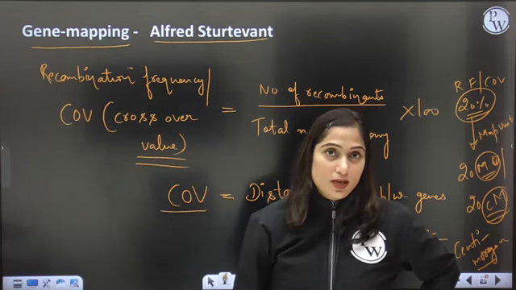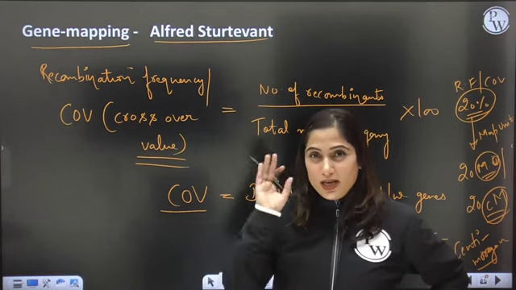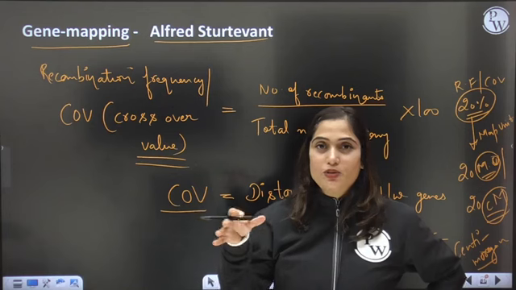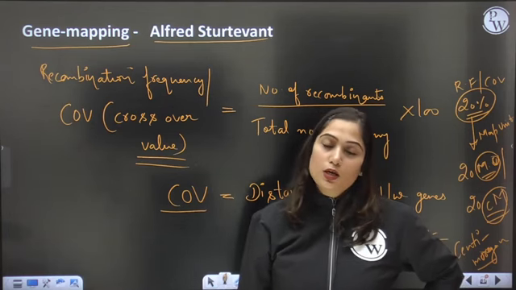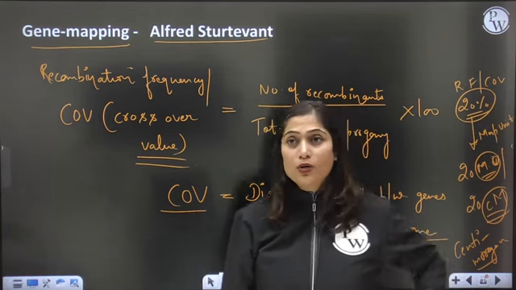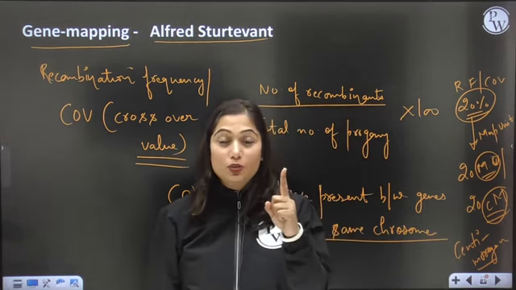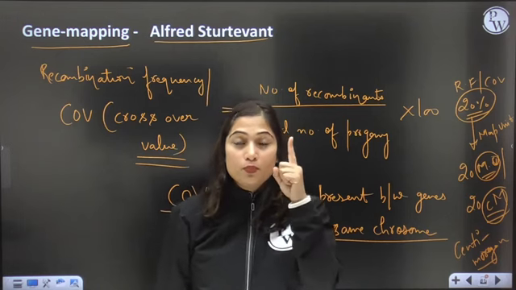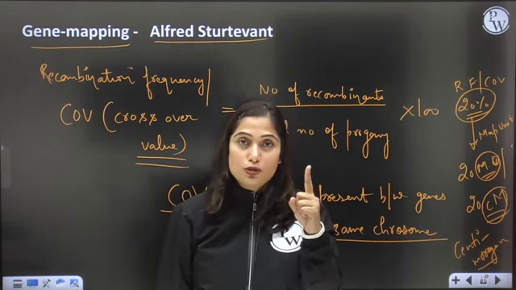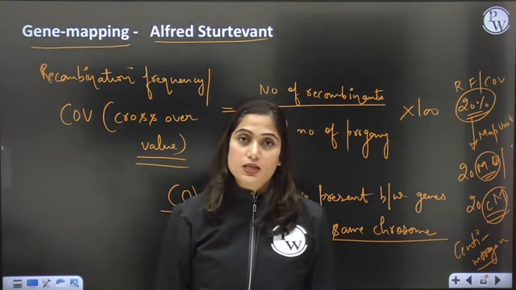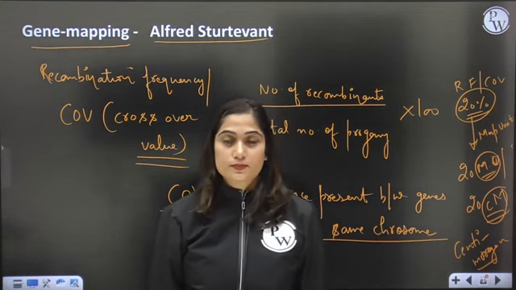But you can predict with the help of recombination frequency what can be the distance between the two genes on the chromosome. And how do you define one map unit? One map unit means there is a 1% chance of crossing over between the genes and 1% recombinants can be seen in the population.